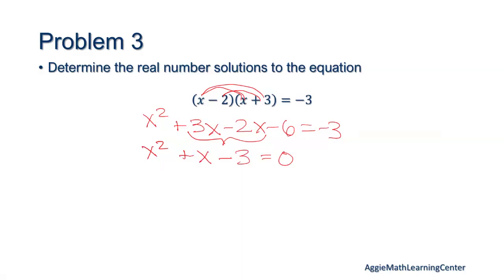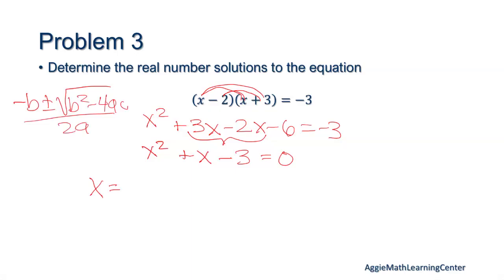And now what do we need to use? Either factor or use the formula, right? And since this one isn't going to factor, because the factors of 3 aren't going to give us a 1, we're going to need to use the quadratic formula. So negative b plus or minus square root b squared minus 4ac all over 2a, right?